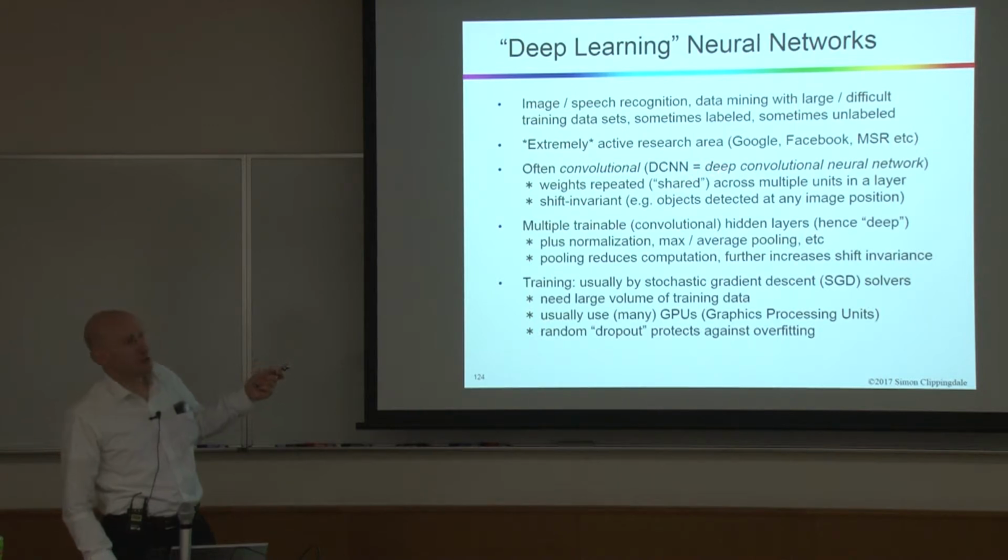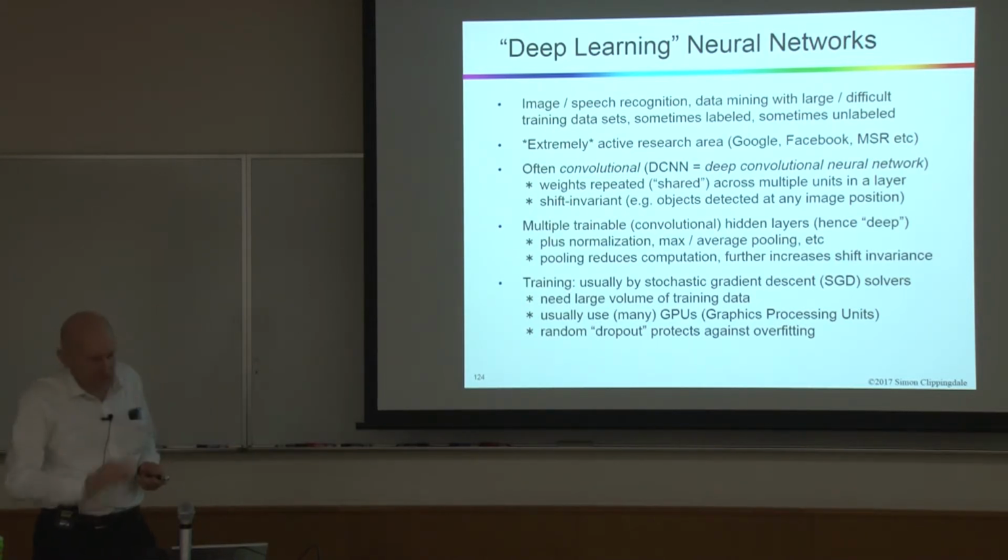They're called deep neural networks because they have way more than the 3 layers that we just looked at. Weights, as I've just said, are repeated or shared across all the units in a layer. You can have multiple layers, as it were, within each layer, but each of those has a common weight vector, which makes them shift invariant, means that the signal is processed the same way wherever it is spatially.